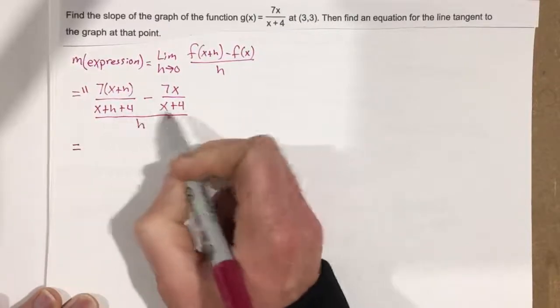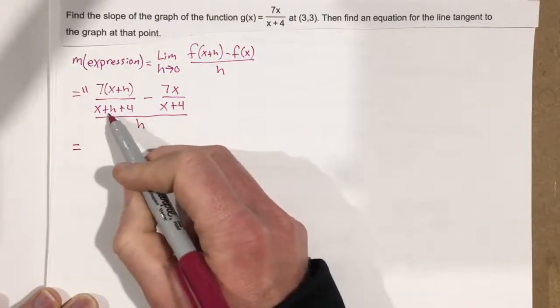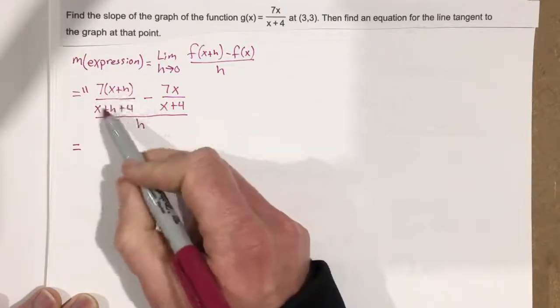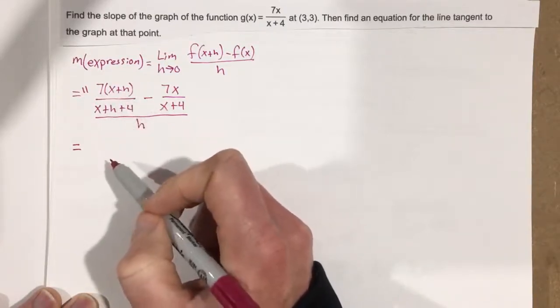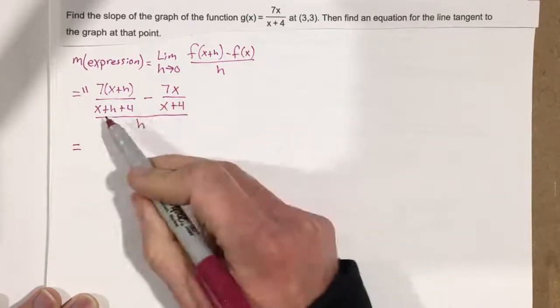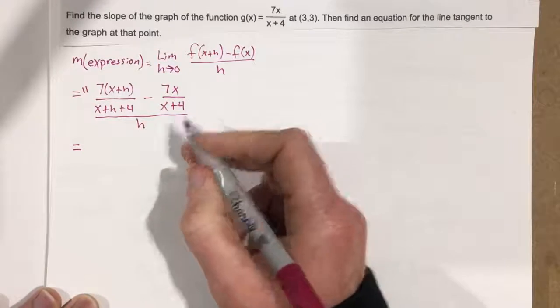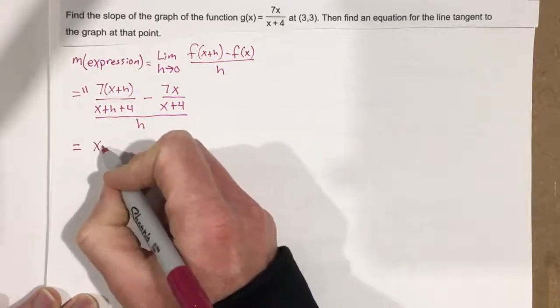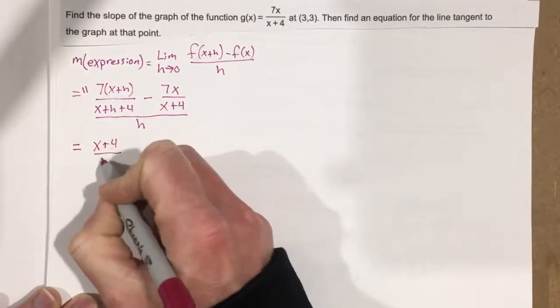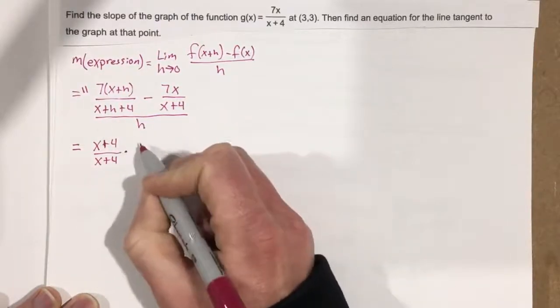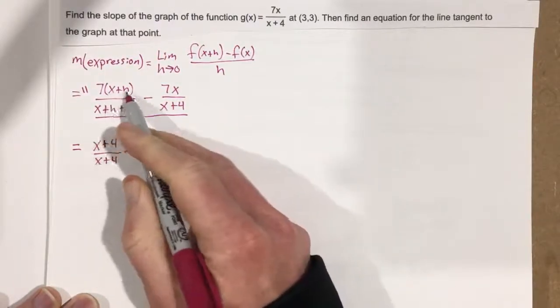Let's find a common denominator here. Now, this has x plus h plus 4 in it. This has x plus 4 in it. We need to multiply this left fraction by x plus 4 over x plus 4, and this right one by x plus h plus 4 over x plus h plus 4. So we're going to multiply x plus 4 over x plus 4 by 7. I'm going to distribute up here.